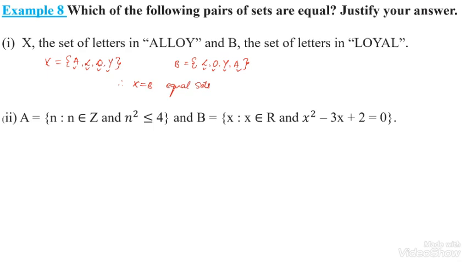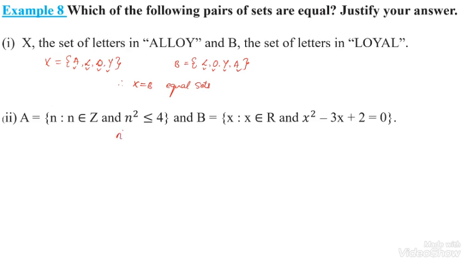Now, let us move on to the second example. Here A is a set containing the elements n such that n belongs to Z, meaning n is an integer, and n square is less than or equal to 4.